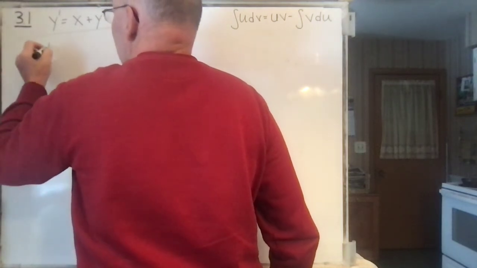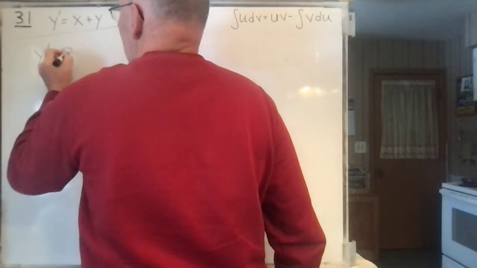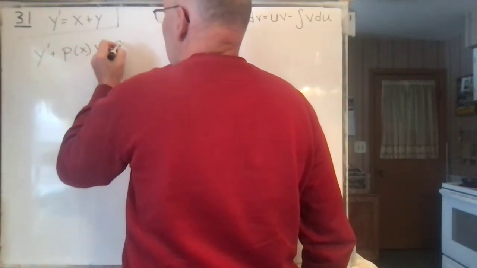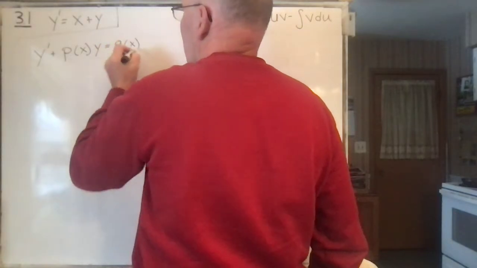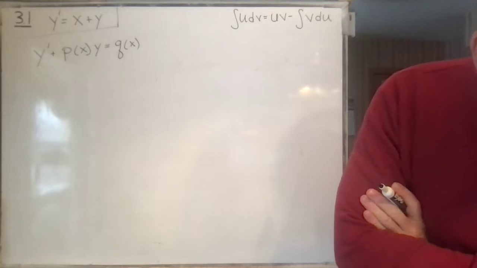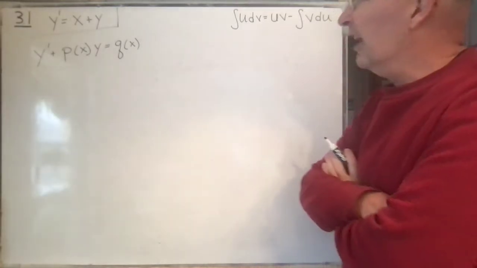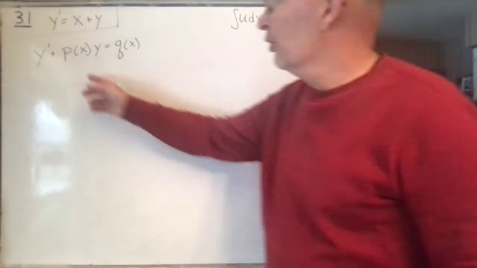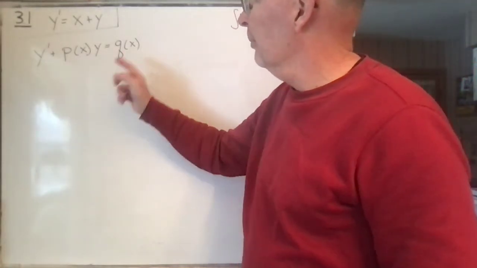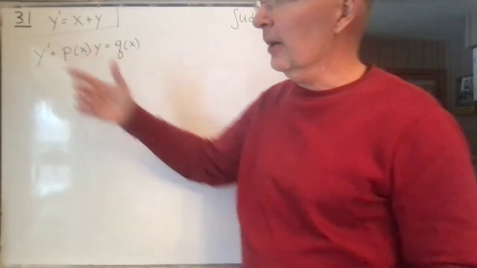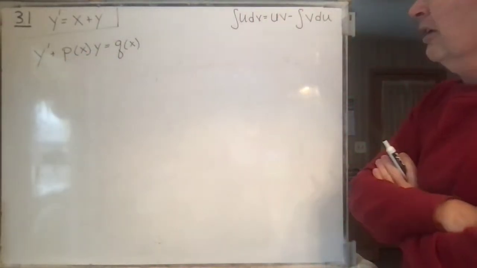Suppose we have a function that looks like this. Notice that right there is a kind of a standard first order linear differential equation. You can do whatever you want with the x's, but the y and the y prime have to be just kept ordinary. You don't do anything to them at all.